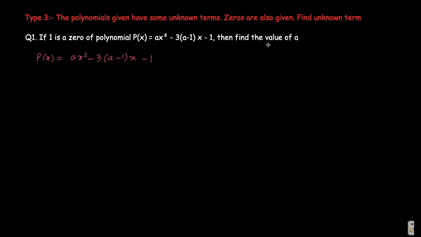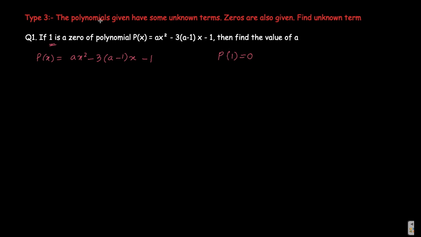Here we have to find the value of a, the unknown term. If 1 is a zero of the polynomial, so one zero is given, then p(1) equals 0, because 1 is the zero.